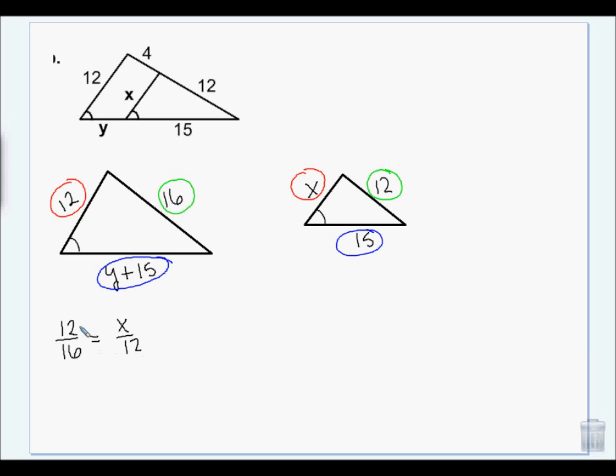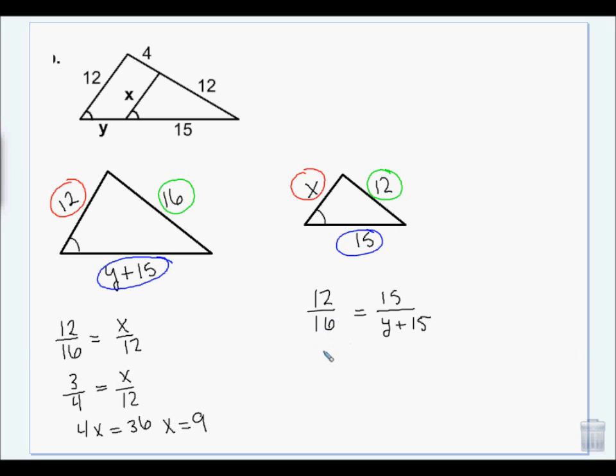So I'm going to use 12 over 16 is equal to x over 12. I can reduce this to 3/4. So I have 4x is equal to 36, so x is equal to 9. Same proportion for my y's.